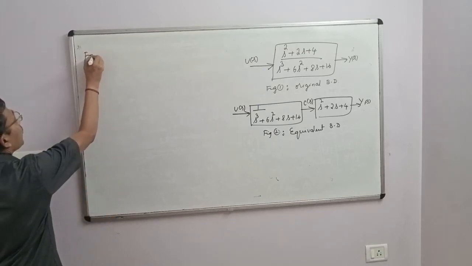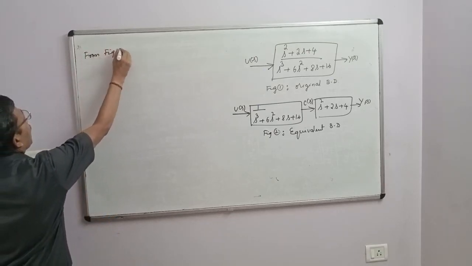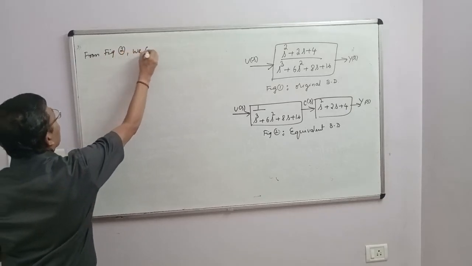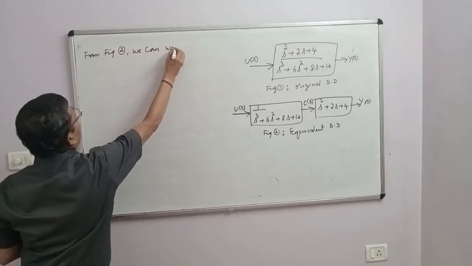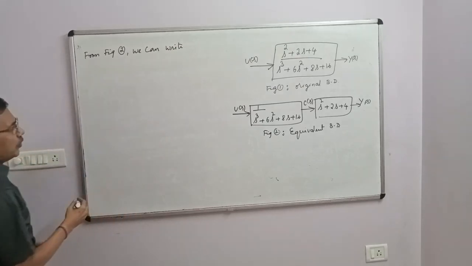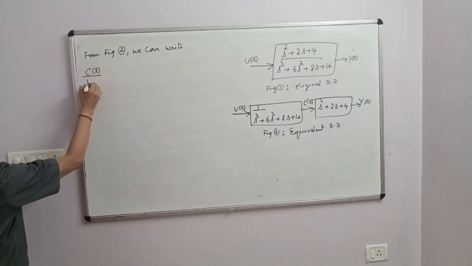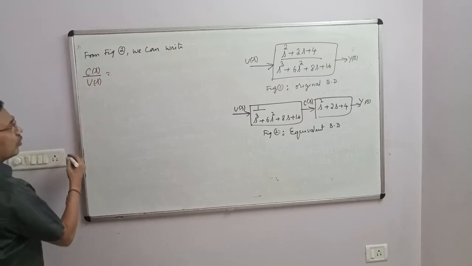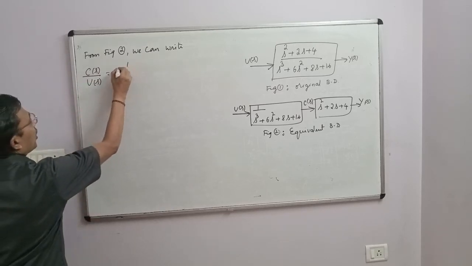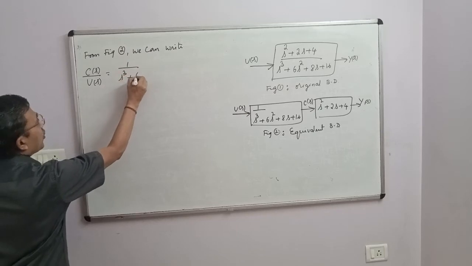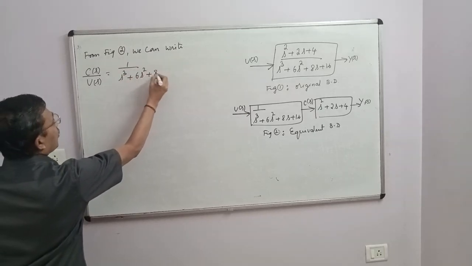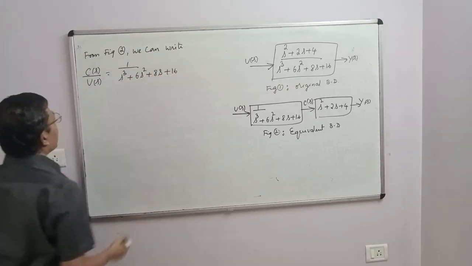From figure 2 we can write C of s divided by u of s is equal to 1 over s cube plus 6s square plus 8s plus 16.